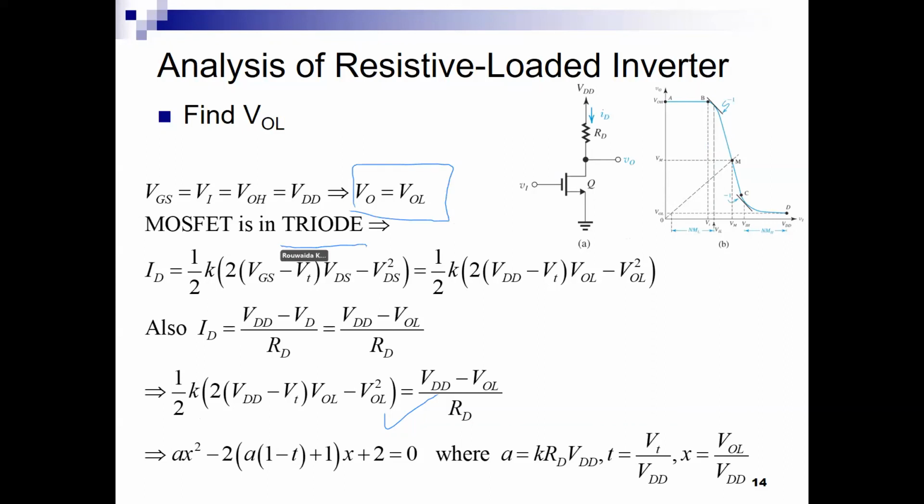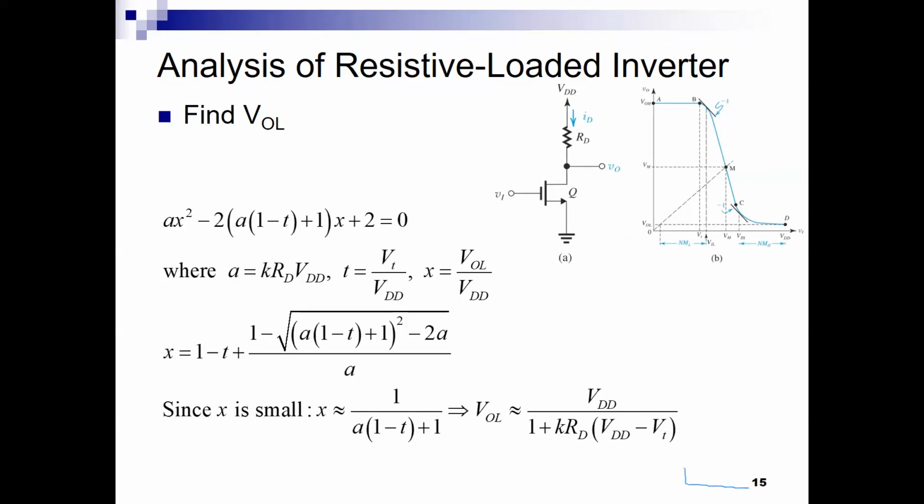Now I will be in the linear region. It gave me a complex equation where X represents VOL over VDD, a quadratic equation, and a complex solution in terms of these constants, where he defined VT, the threshold voltage, over VDD.